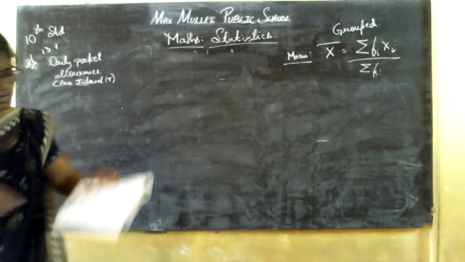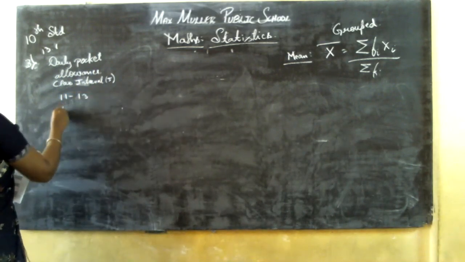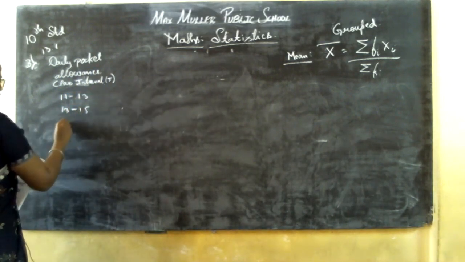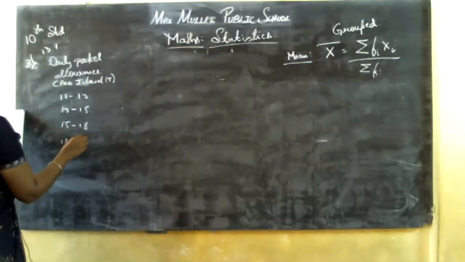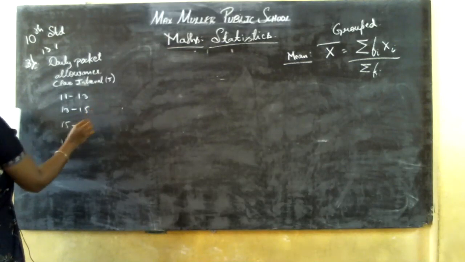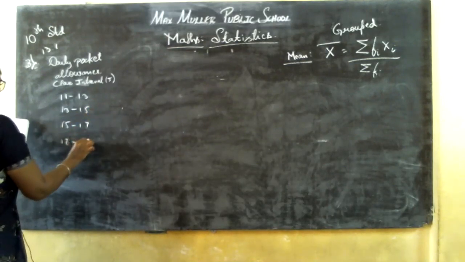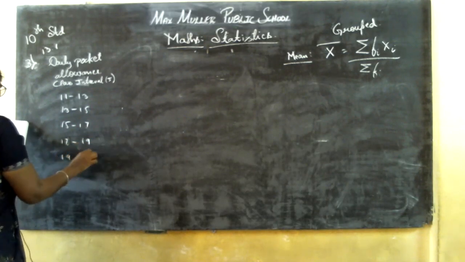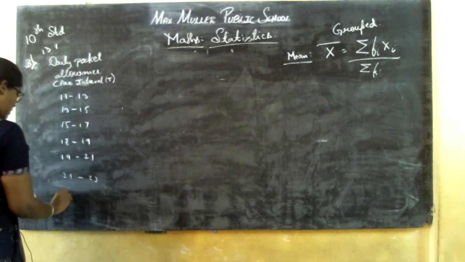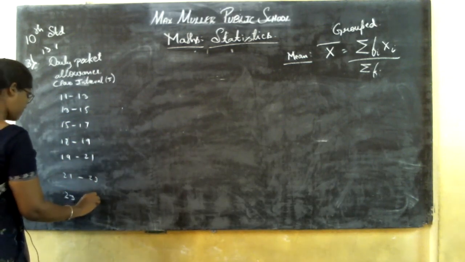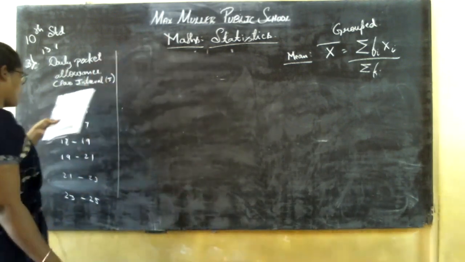It is starting with 11 and 13, 13 and 15, 15 and 17, 17 and 19, 19 and 21, 21 and 23, 23 and 25. So this is the class interval, that is the daily pocket allowance given for the children.